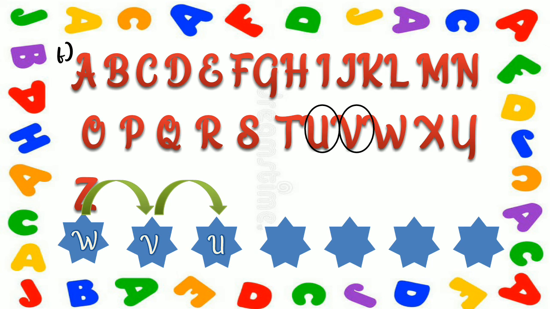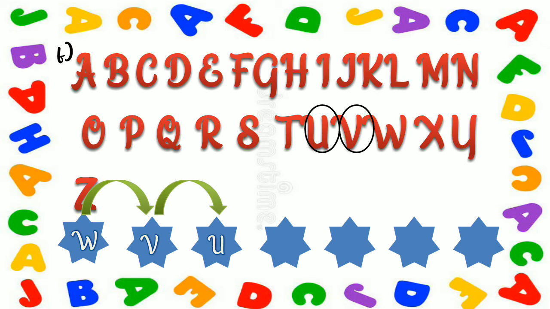So children, you all understand how we continue the series. Firstly, we have W and V. So we understand that W and V, then we have to see U. U is the answer because here we go backward to continue the series.